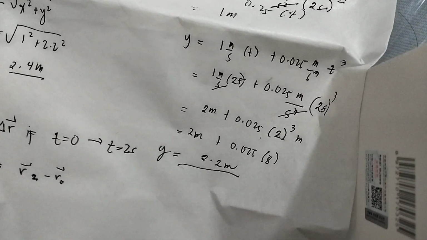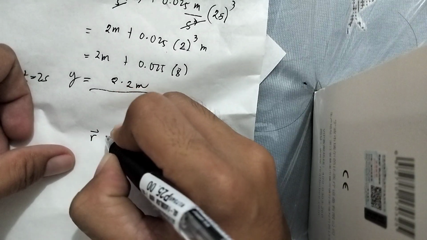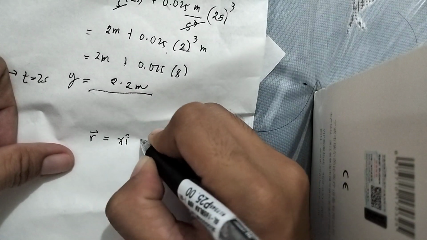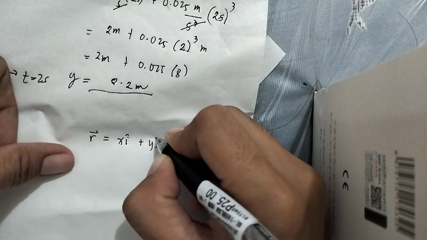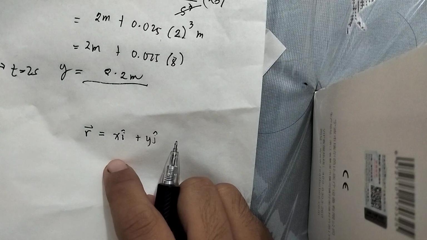Okay. So, ato sang i-express mo si R. So, R is xi plus yj. So, this is the general name.